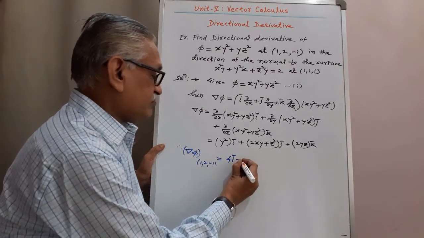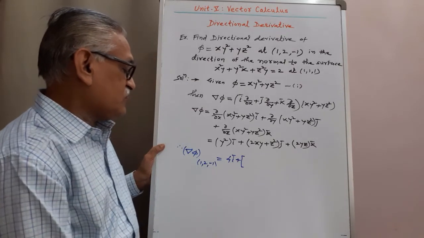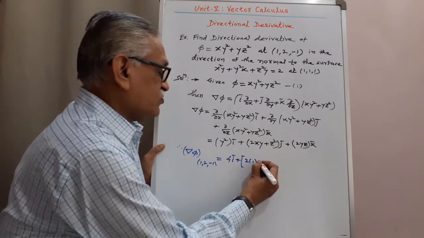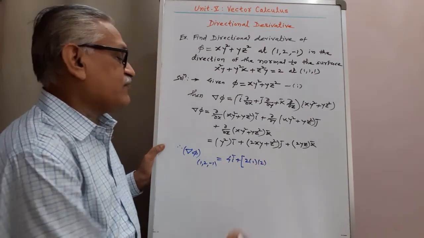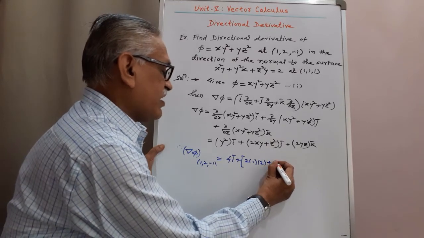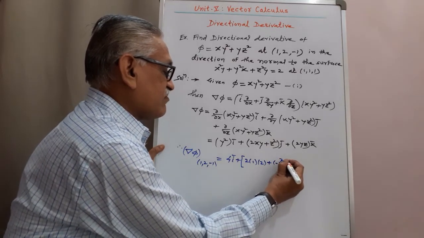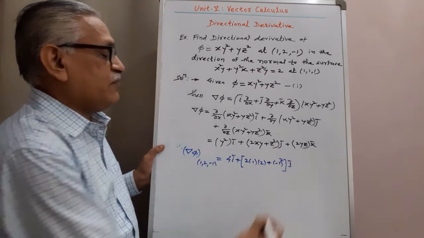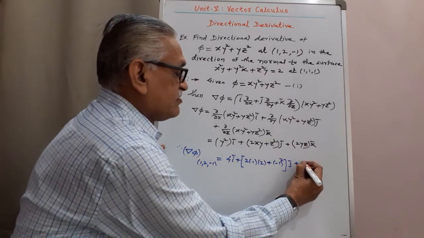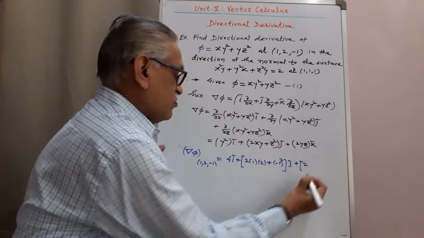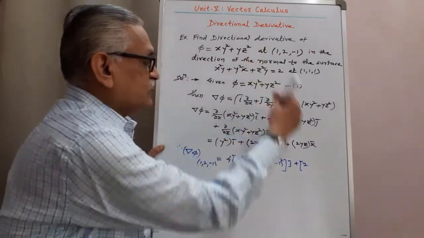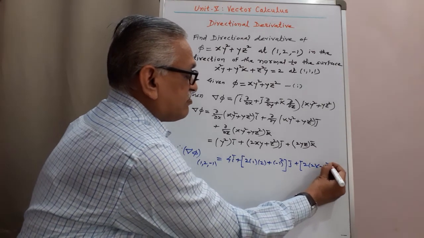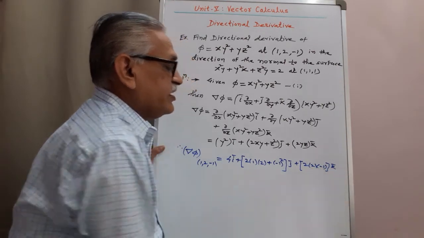Then 2 into x, x is 1, y is 2, plus z square, which is (-1) square, into j, and plus 2yz, where y is 2 and z is -1, into k.